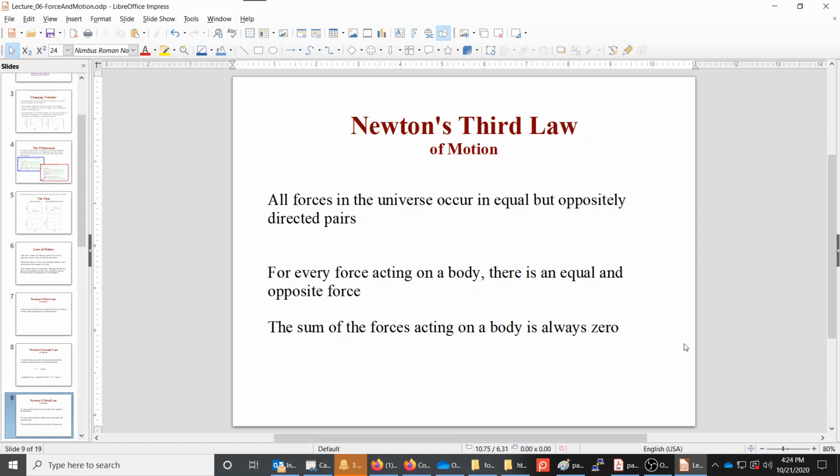And gravity's pulling us down. So why aren't we moving? Because our bodies are pressing down on the floor due to gravity, but the floor then is pushing back on us, so we don't fall through the floor. Right?